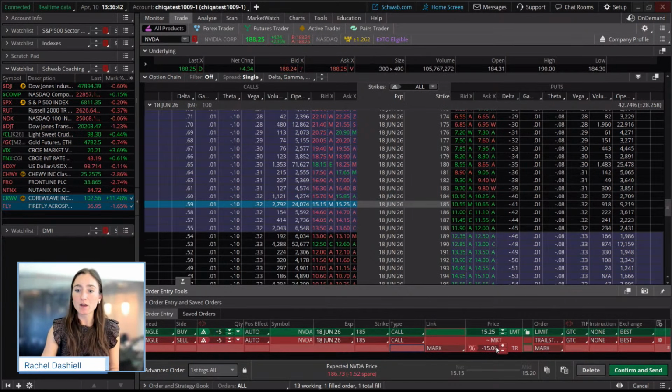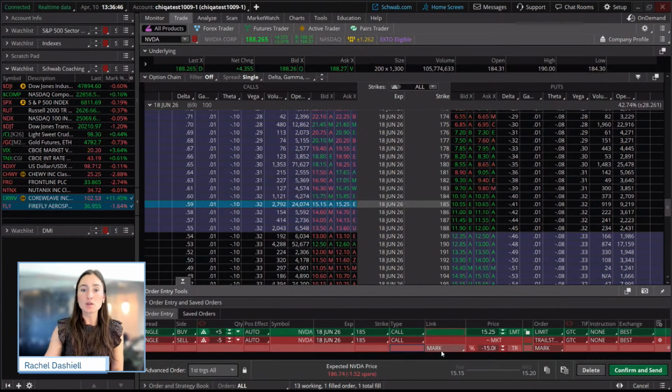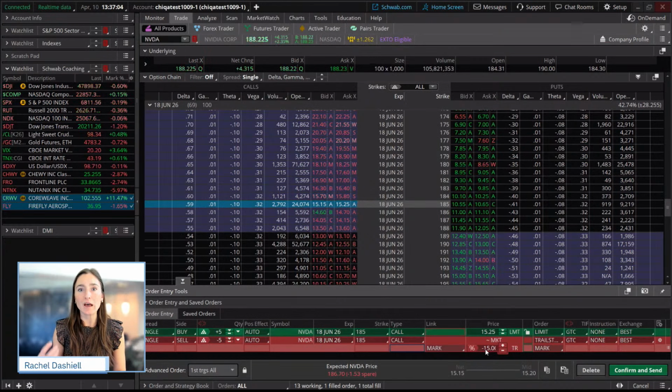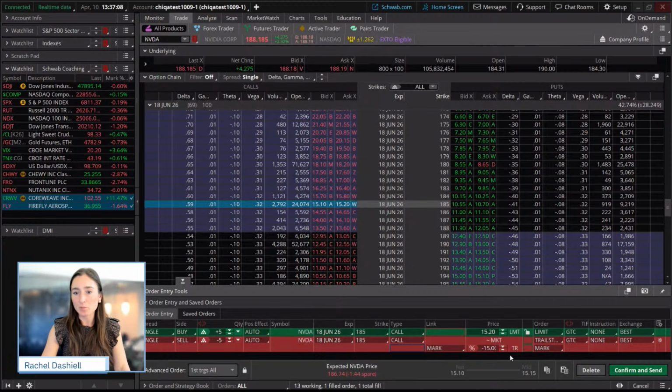Now, keep in mind that when this triggers off of the mark price, so when the mark or the midpoint price of this option drops by 15%, this will become a market order. So there are some risks there, especially if the stock gaps down overnight. You may not get filled anywhere near the price of your stop. So just keep in mind that stop is just an activation for that market order, and you're not guaranteed a specific price at that point.